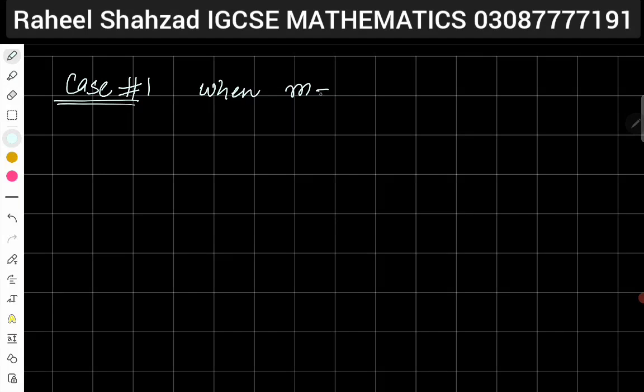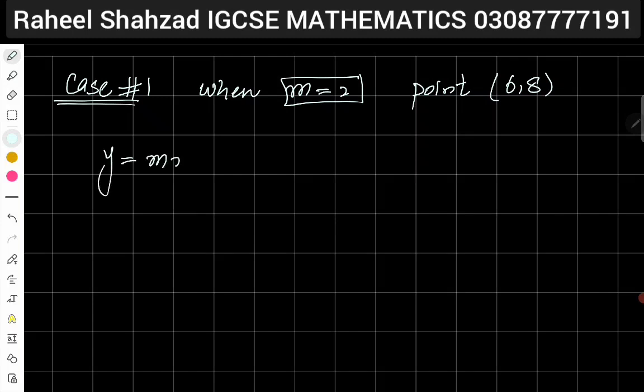when slope is given and a point is given, and a point that is, let us assume 6 and 8 is given, right? Now we know that equation of straight line is y equals to mx plus c. Now slope is 2. We have y is equal to 2x plus c.